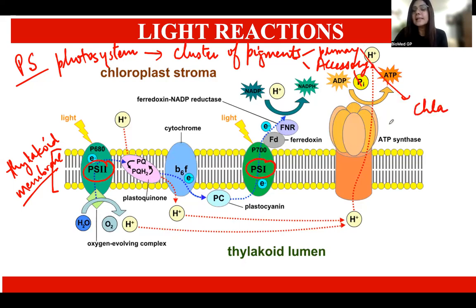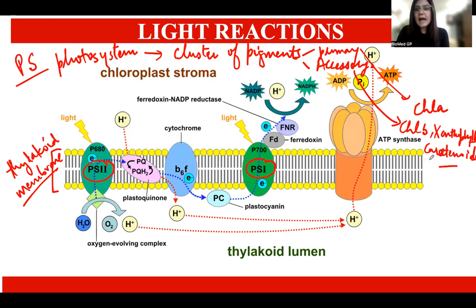The accessory pigments are the pigments which help the primary pigment, chlorophyll A, in the absorption of light. These are the chlorophyll B molecules, the xanthophylls and also carotenoids.